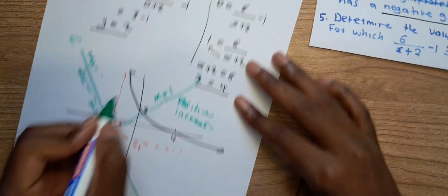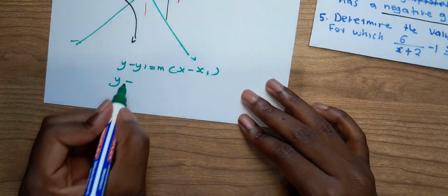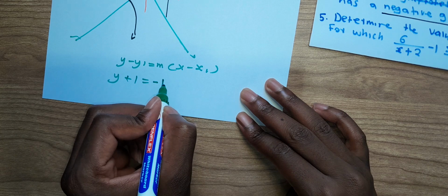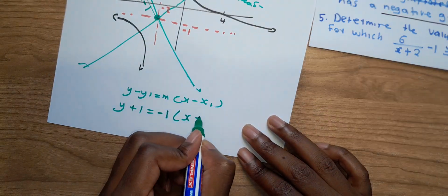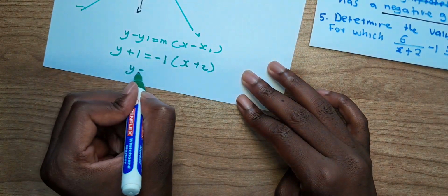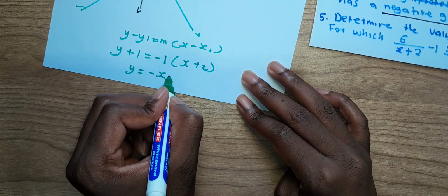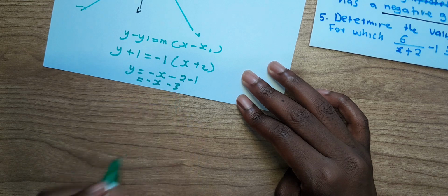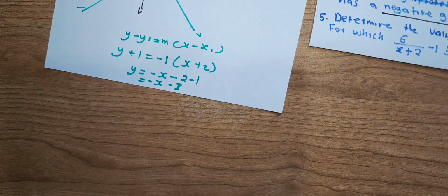What is m? m is negative 1, because it is decreasing. x will be plus 2. So y is going to be negative x minus 2 minus 1. That equals negative x minus 3. So that is your equation.